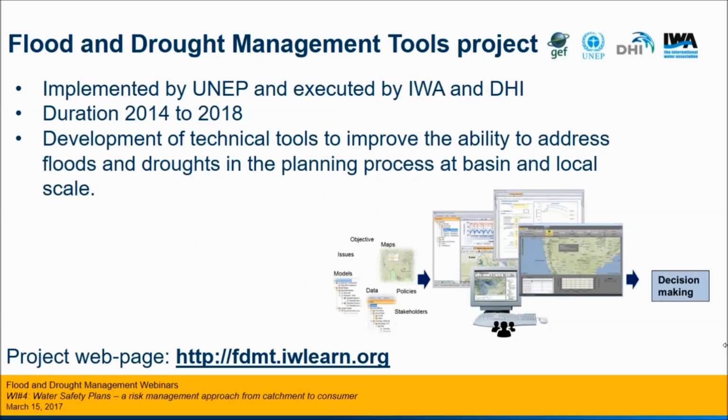And these tools, although they're being developed in collaboration with three specific geographical settings in the Volta Basin, the Lake Victoria Basin, and Chao Phraya River in Thailand, they're meant to have generic applicability. And following development and testing of these tools, they're going to be made freely available online with full instructions and further assistance provided for how to apply them.